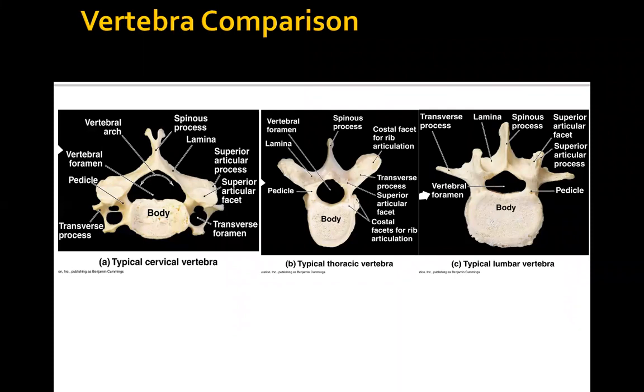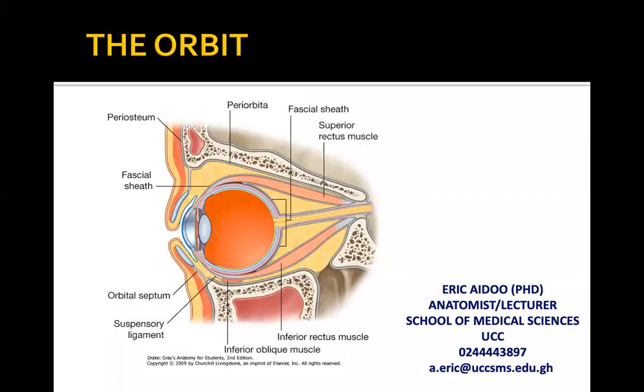Even that, you can still find differences within the cervical alone. For instance, the atlas and the axis, the first two cervical vertebrae, even look different. So try and observe them in your own free time.